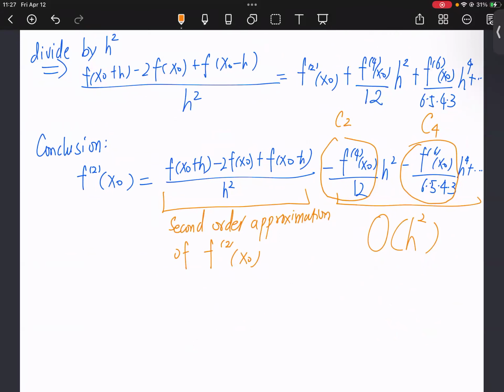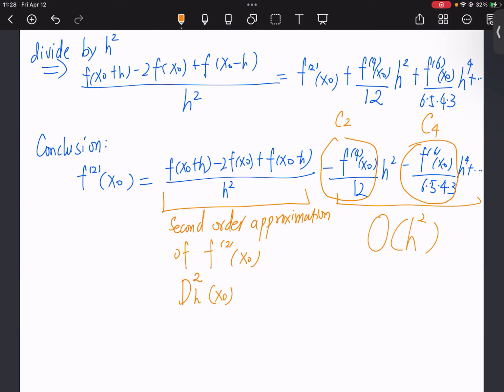And for the second order approximation of the second derivative, sometimes we use this notation because this is a finite difference. We have the capital D here with the step size h, and because it's the second derivative, we use the 2 as the superscript to denote this expression.